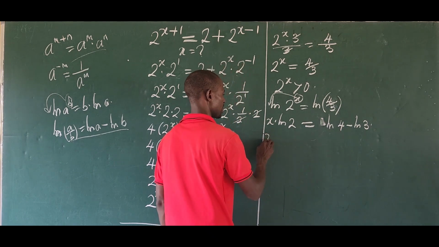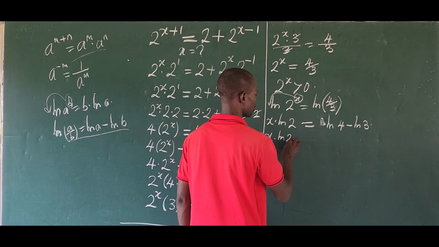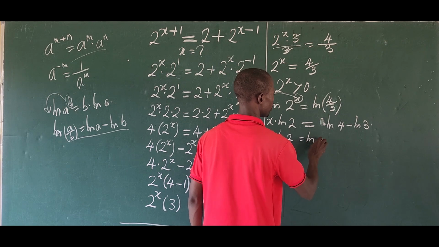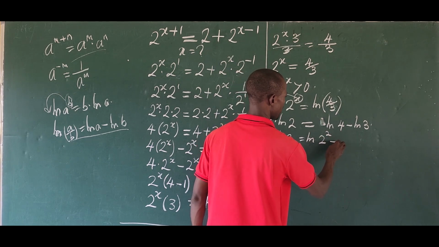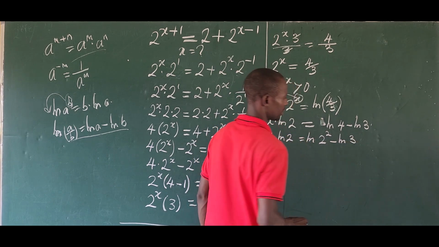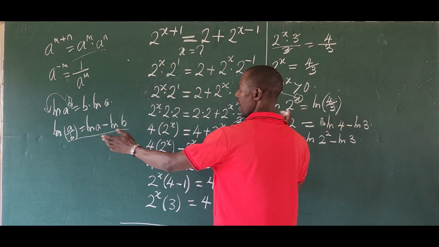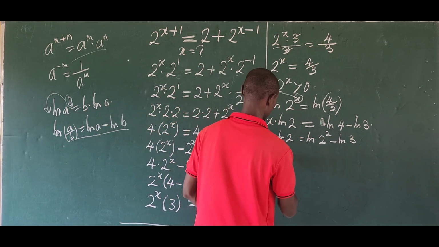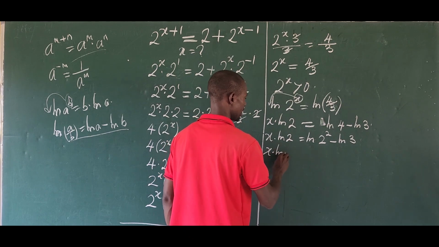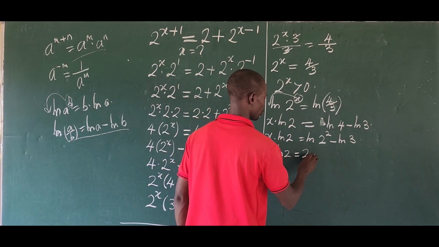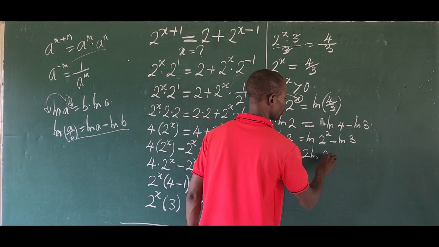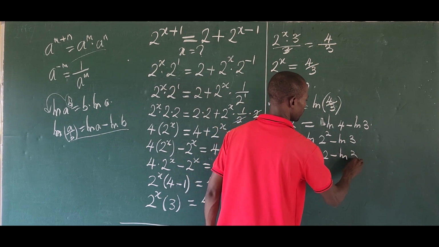So this is going to give us x times the ln of 2 is equal to the ln of 2 to the power of 2 minus the ln of 3. Again, we apply the power law to this to give us x times the ln of 2 is equal to 2 times the ln of 2 minus the ln of 3.